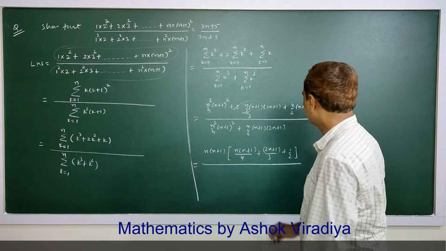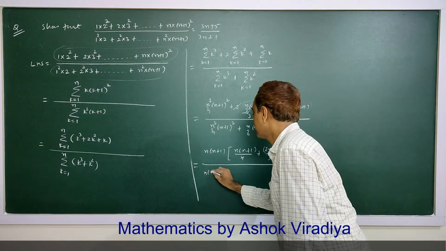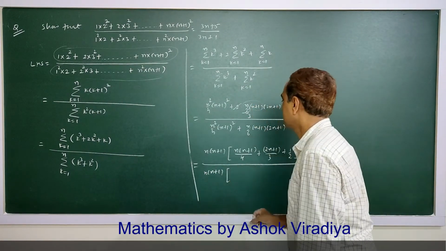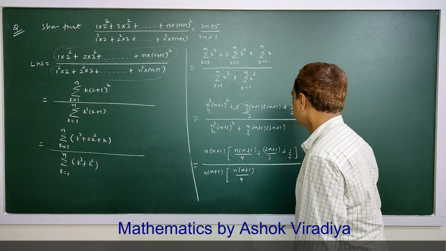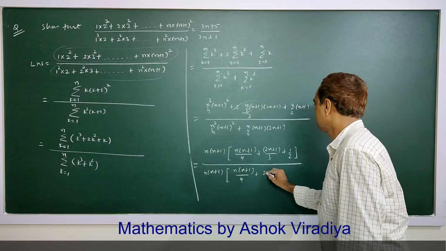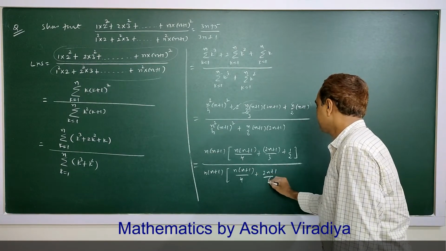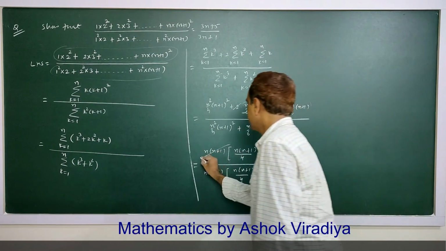Similarly in the denominator, n into n plus 1 is common, so n into n plus 1 by 4 is left plus 2n plus 1 by 6 is left, so this is cancelled.